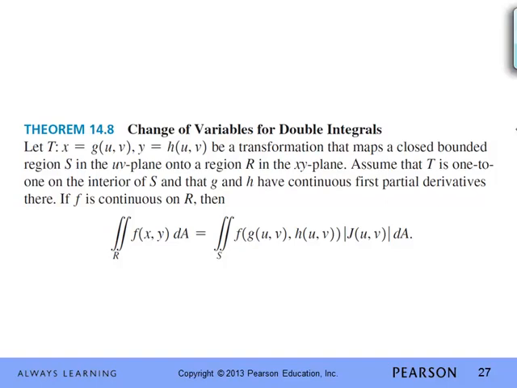And then your dA element gets replaced by dA times the absolute value of the Jacobian. So when we switch from the xy coordinates to r and theta, the dA element would be dr d theta, and the absolute value of the Jacobian is r. So that's why you have an r dr d theta.